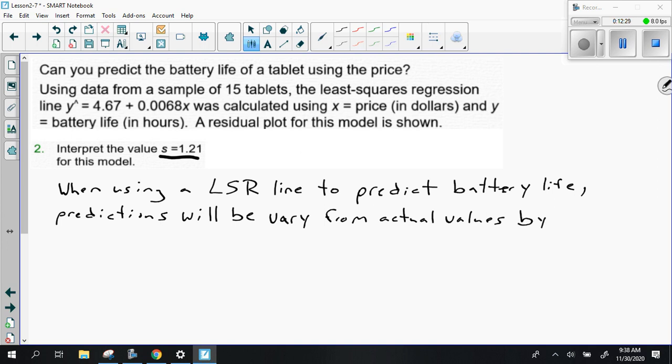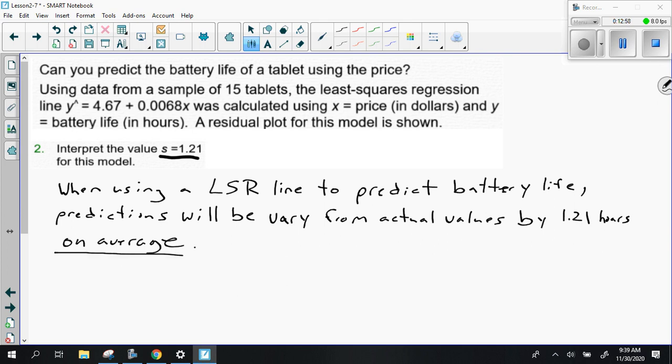By 1.21, what are our units? 1.21 hours. Thank you. Hours on average. Okay, if you do not say this, it is not right, because it's just an average.